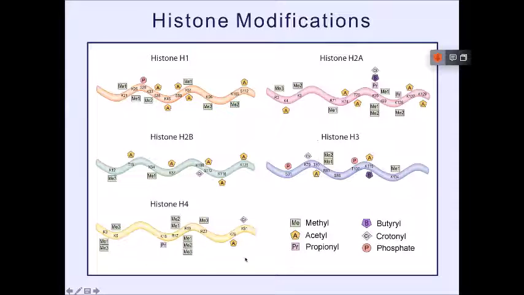And this is just showing a schematic of the different histones. There are 5 main histones. Actually, there are several types of H1, but there are 5 principal histones, and they each have their own particular pattern of histone modifications.